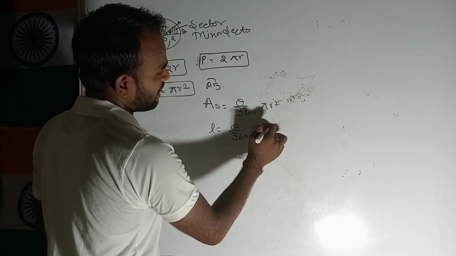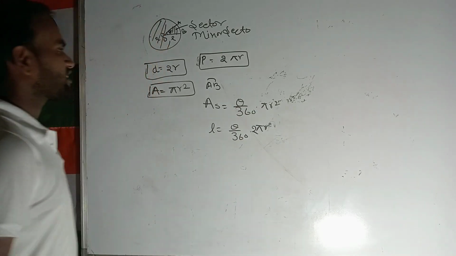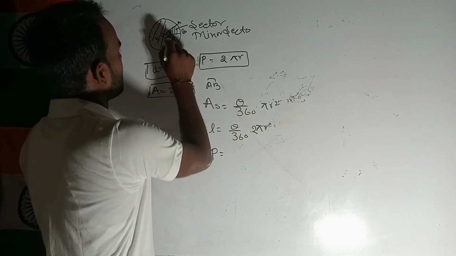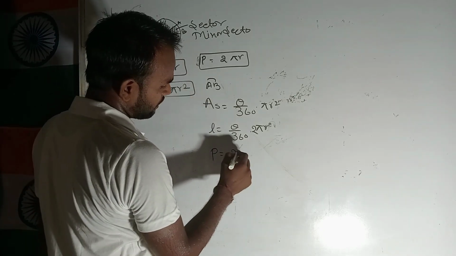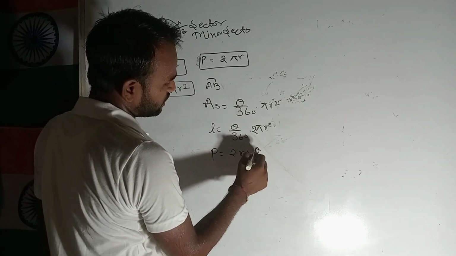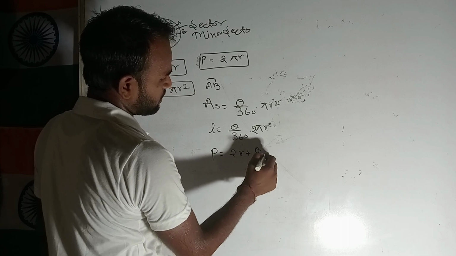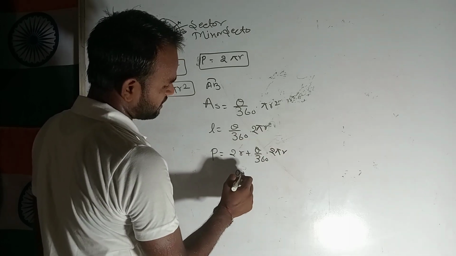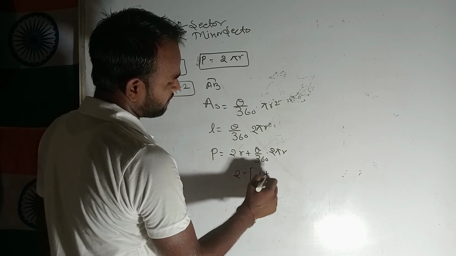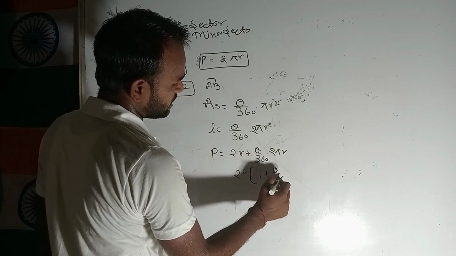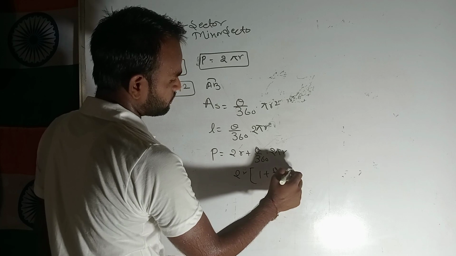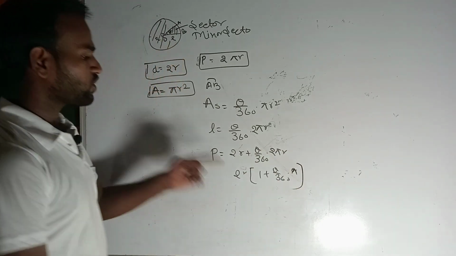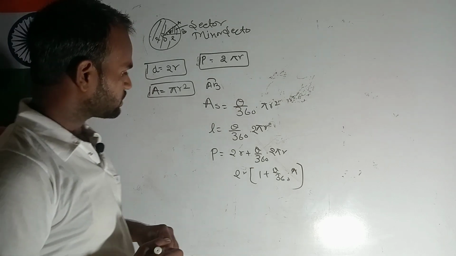Now what is the perimeter of the sector? It is 2r, that is r plus r, plus the length of arc, theta upon 360 into 2 pi r. If I take 2r common, it becomes 2r into (1 plus theta upon 360 into pi). This is the reduced form of the perimeter of the sector.